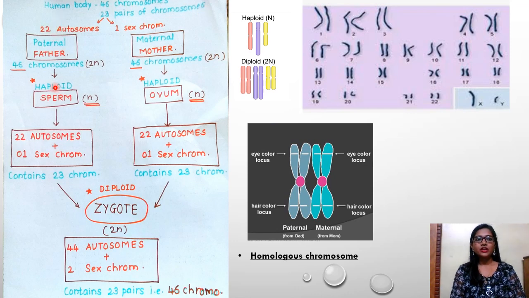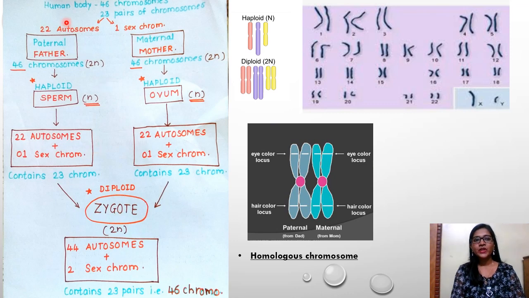There are two flow charts you can observe. This is the maternal side and this is the paternal side, where the father contributes a sperm, which is haploid in number, and the zygote gets formed. In the case of the mother, an ovum gets formed, and by the fusion of sperm and ovum, there is formation of the zygote.